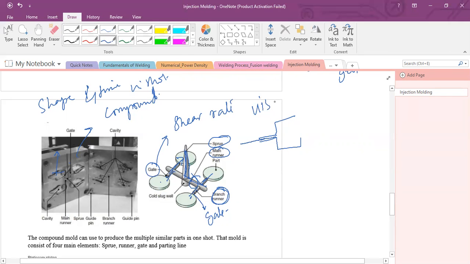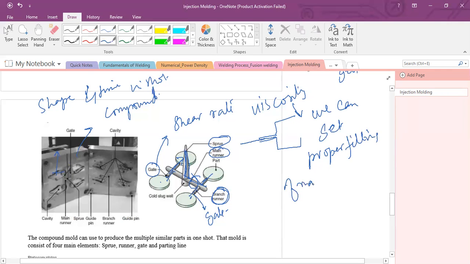And when the viscosity of the material decreases, then we can get proper filling of material into the cavity.